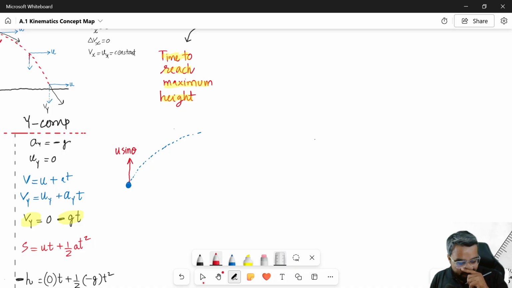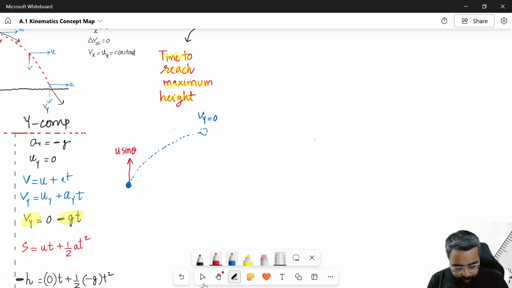Remember that we will never use the instantaneous velocity. Either you will have to use the x component of velocity or the y component. At the maximum height, the vertical component of velocity is 0. So I'm assuming it is my final position, so vertical velocity is 0.